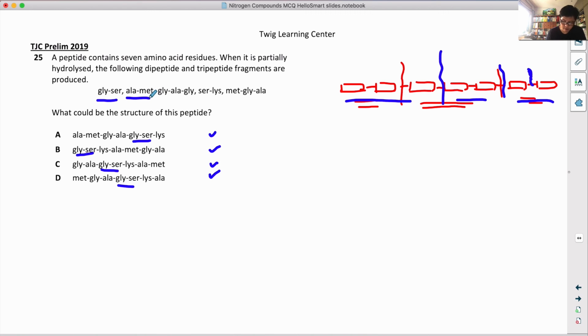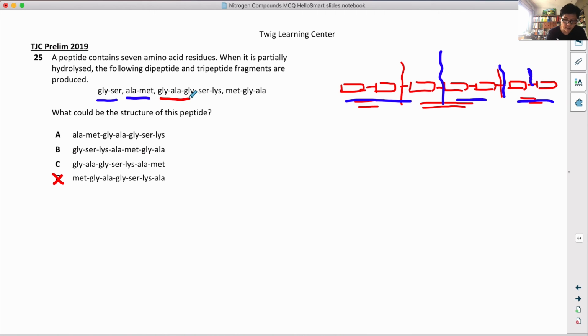Ala-Met. Do you see Ala-Met? Yes, I see it here, here, here. Oh, I don't see it here. This one has no Ala, so this is out already. So we do one by one. I think it's easier we do by elimination.